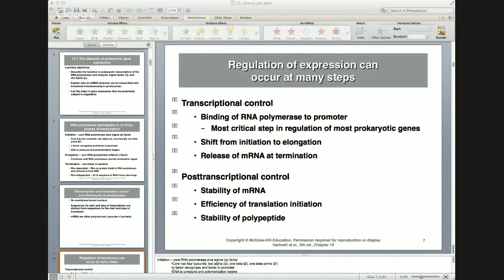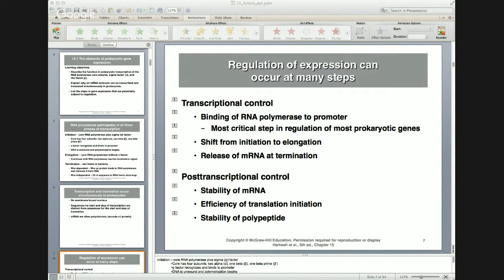Yes, the Tata box. Very good, Heaven and Talissa. The Tata box is one of them. The Tata box is in the -10 region, and then we have another consensus sequence in the -35 region. Okay, very good. So we know at that step, transcription could be regulated at the binding of the RNA polymerase to the promoter.